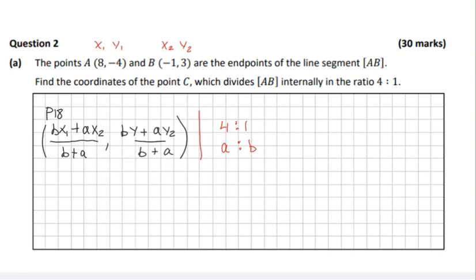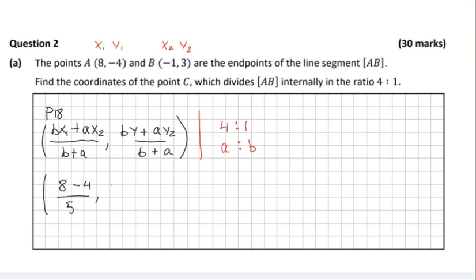So let's sub everything in, and we will get, for bx1 we will get 4 times 2, or 8/1, which is 8, plus ax2, which is 4 times x2, which is -4, all over the addition 4 plus 1.